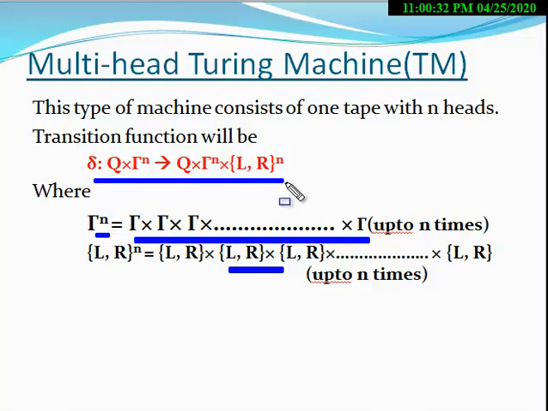But the difference is that in a multi-tape Turing machine, more than one tape is used, but in a multi-head Turing machine, only a single tape will be used here, right? These two Turing machines are more powerful than the normal Turing machine, right?